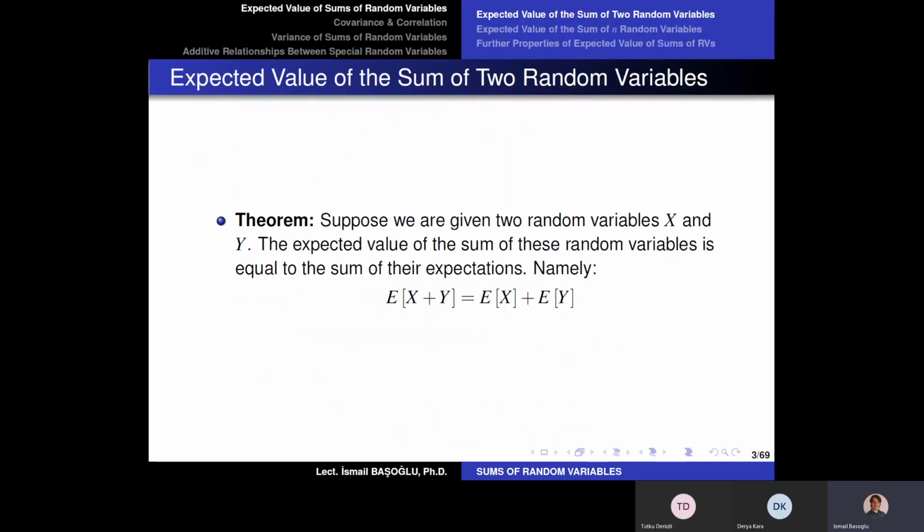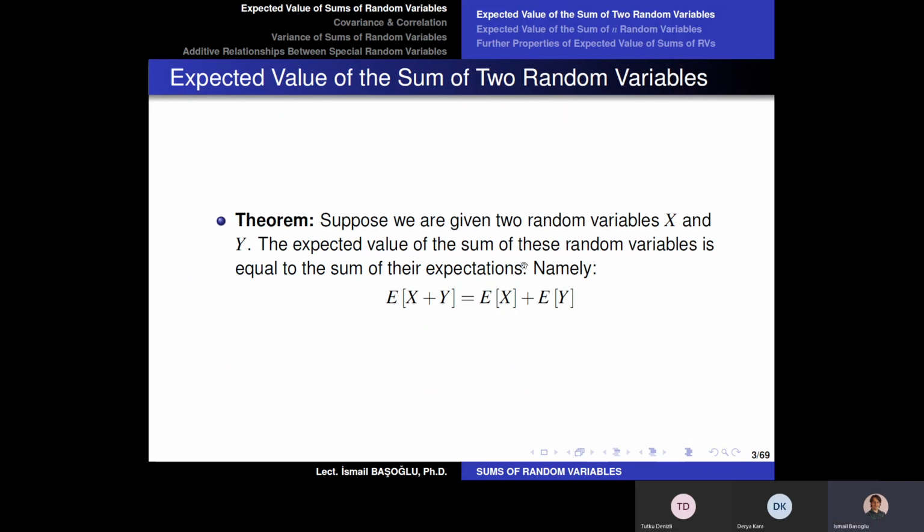What is the expected value of the sum of two random variables? Let's just say X and Y are two arbitrary random variables, either discrete or continuous. It doesn't matter, okay? And they can be independent or not independent. Again, it does not matter. They are just two random variables, okay?